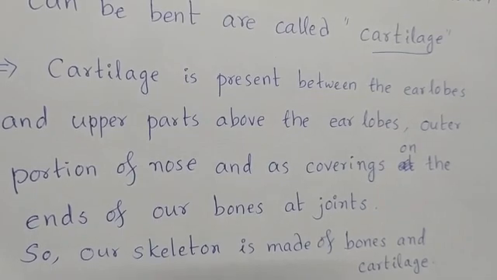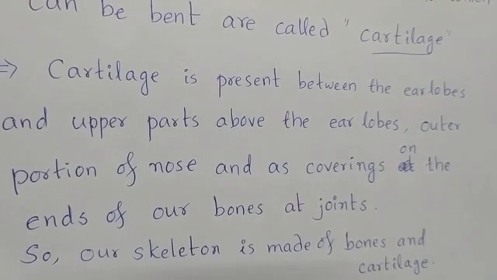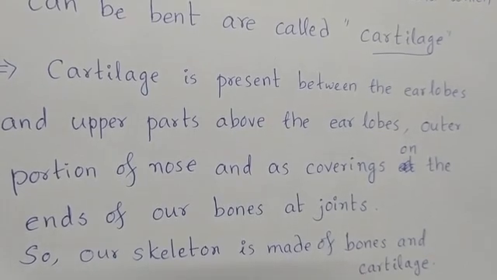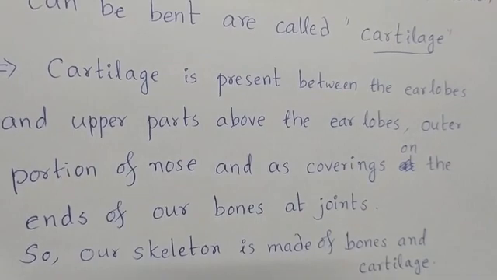And we have learnt many joints. At joints, two parts meet. Inside those parts, what are meeting? Bones are meeting. So where two bones are meeting with each other, the top part of the bone is covered by cartilage.